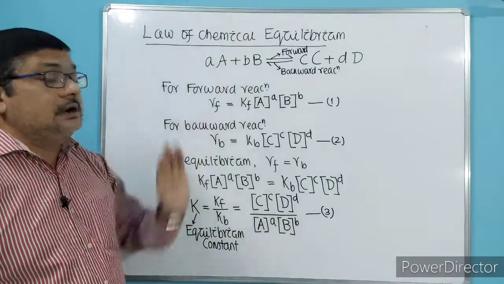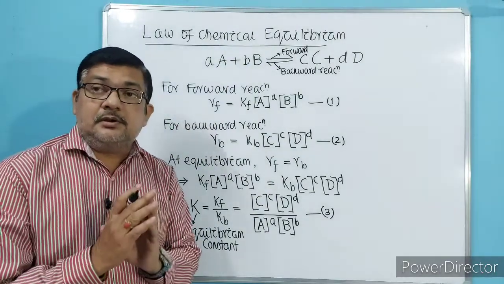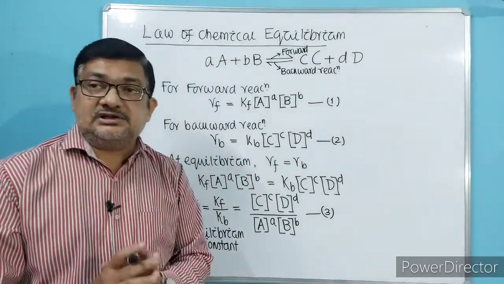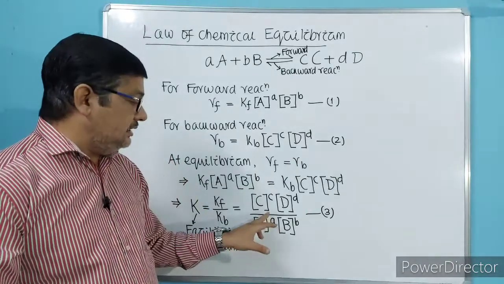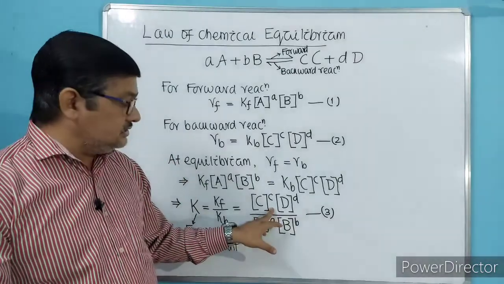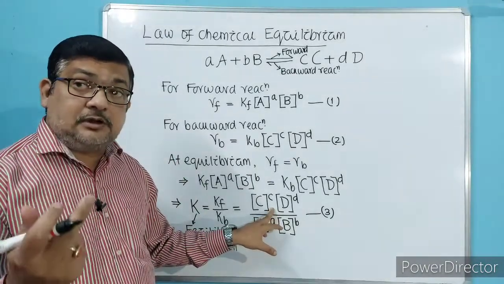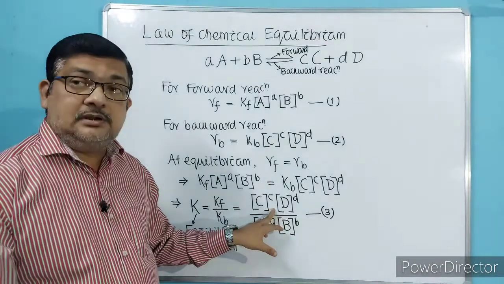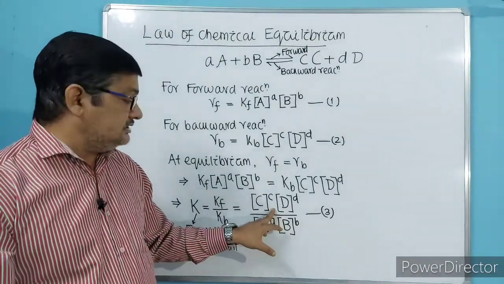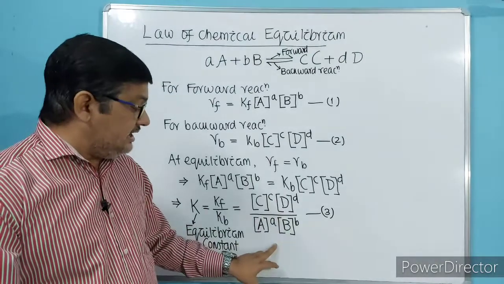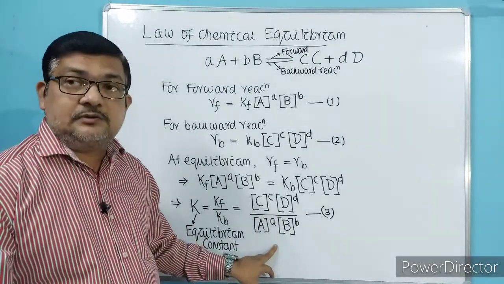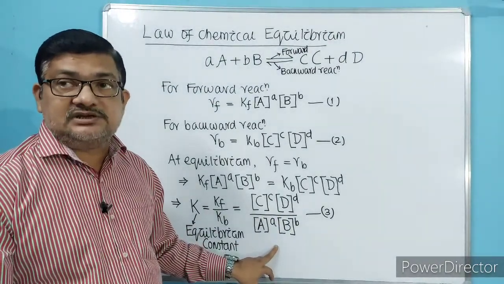That is known as the law of chemical equilibrium. Remember, the ratio has the product on top and the reactant at the bottom. So the ratio of concentration of the product and reactant is a constant, which is known as the equilibrium constant.